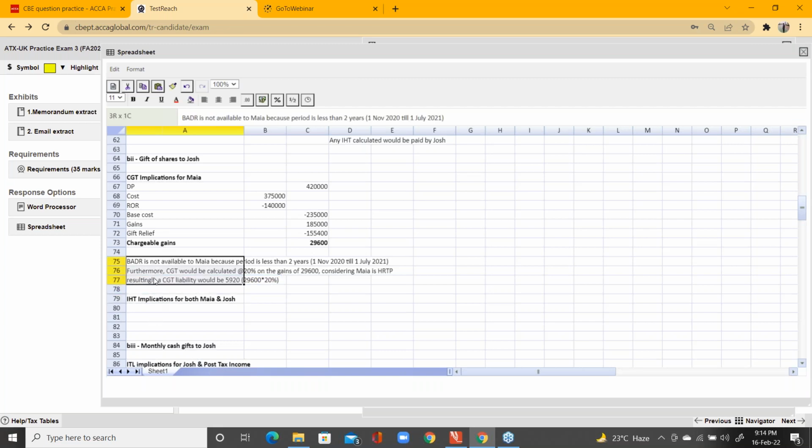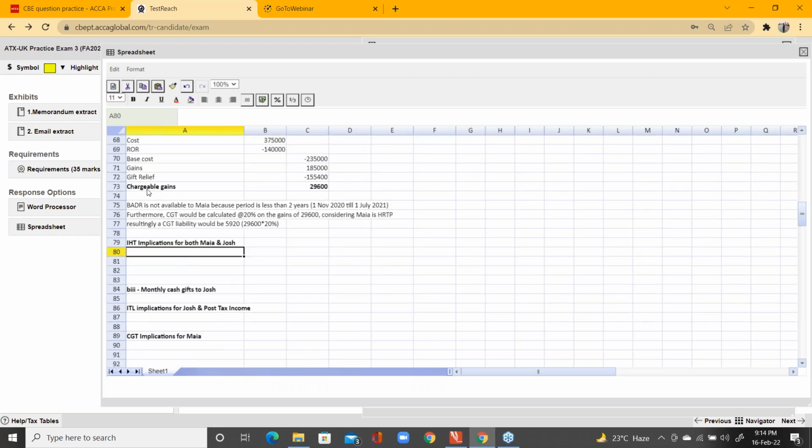So here we talked about the relevant points for CGT implications for Maya. First of all, we calculated the chargeable gains, then discussed why BADR would not be available. Furthermore, how much tax is calculated and what the relevant percentage is. Now let's talk about the IHT implications for both persons, for both Maya and Josh.